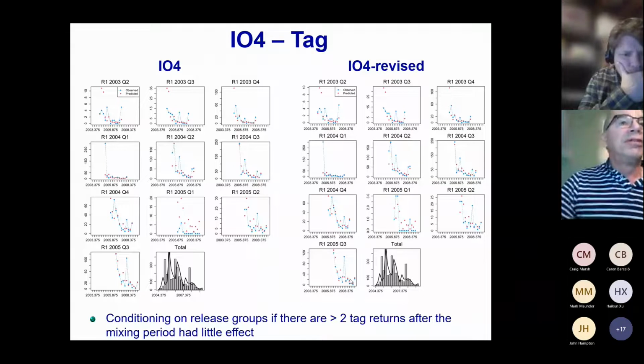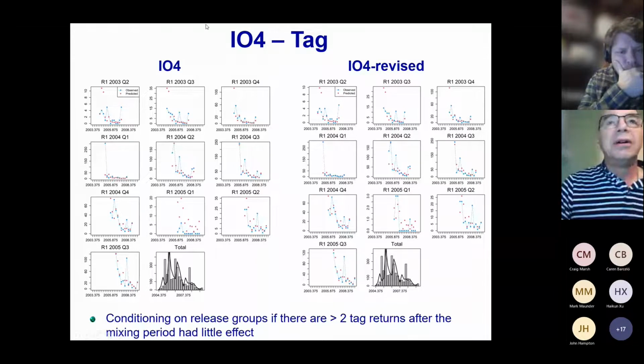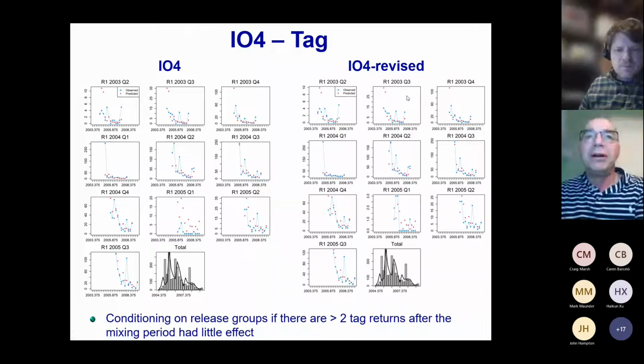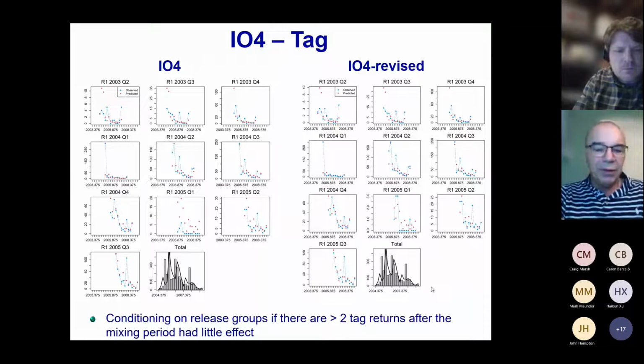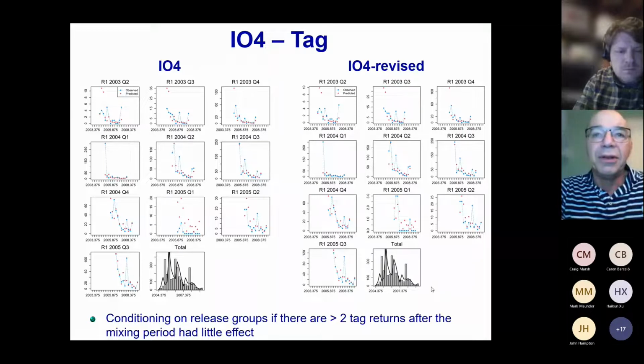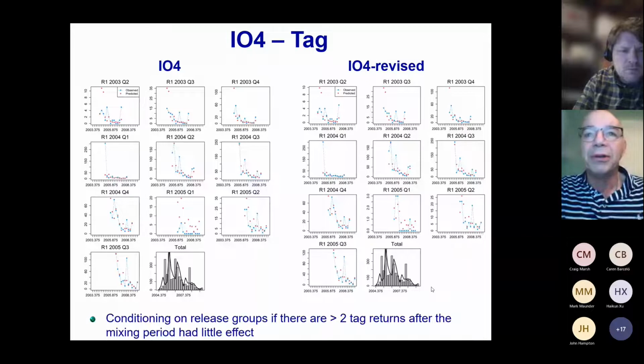In terms of some of the fits to the tag data, we ran with a mixing period of 4 periods, and we were looking at the effect of only using tag groups that had sufficient recoveries after the end of the mixing period, because in many cases, many of the tags were returned within the mixing period.